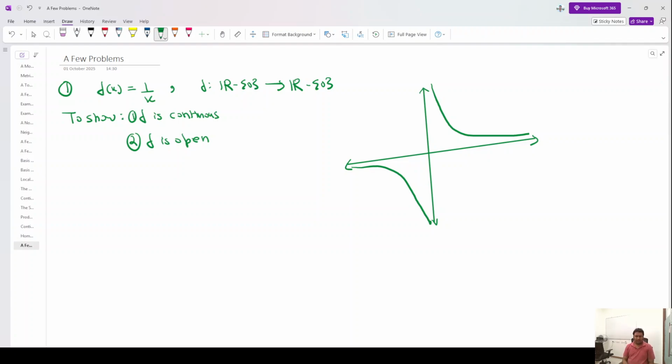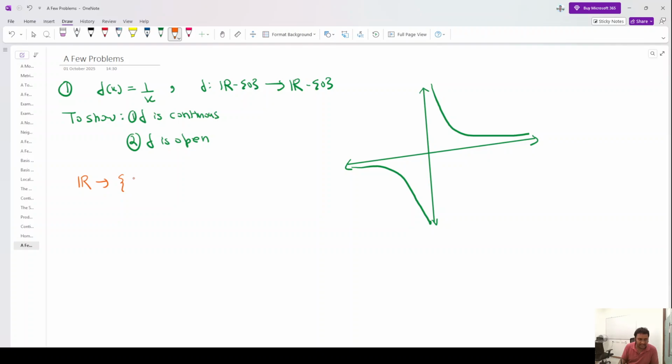So now let us consider what are the basic open sets in R minus 0. You know that the real line R has its usual basis. Whenever no topology is given, it means it's the usual one, induced from the Euclidean metric.